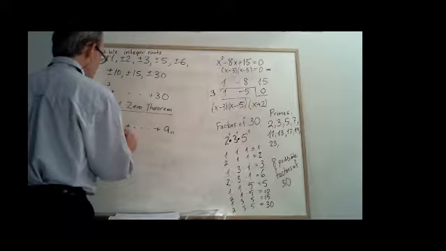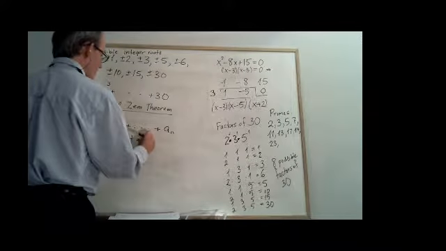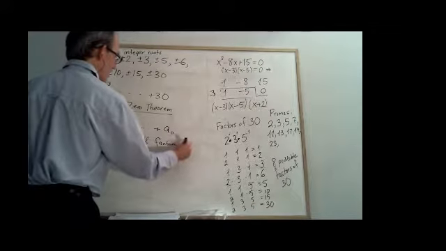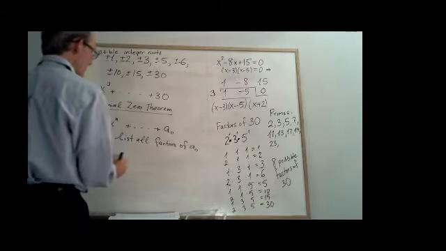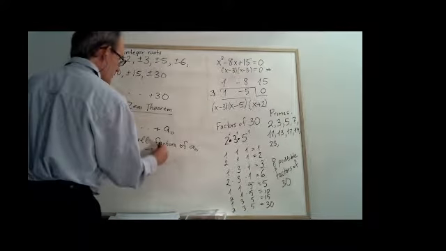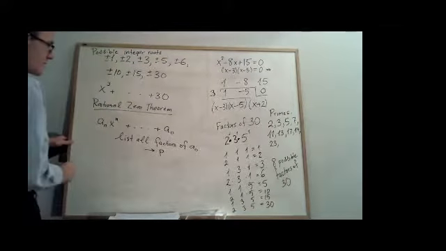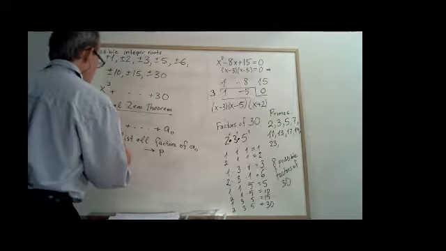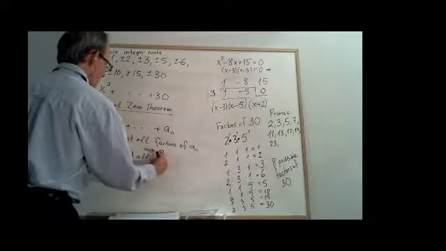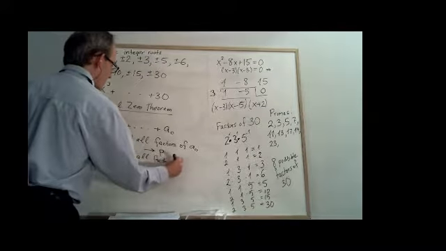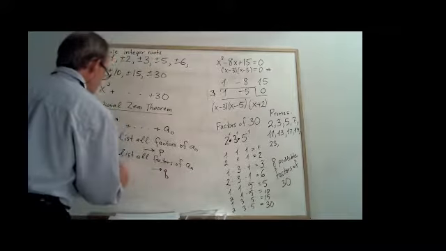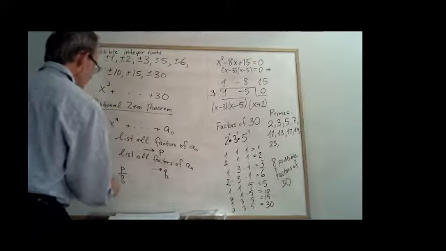So what you do is you list all the factors of a_0, and you call those p, and then you list all factors of a_n, and you call that q, and then you look at all the ratios p over q.